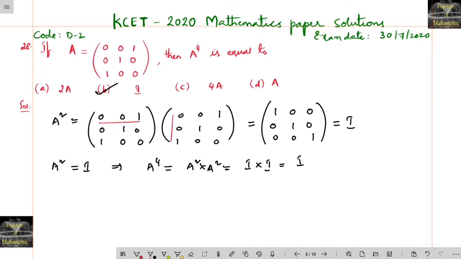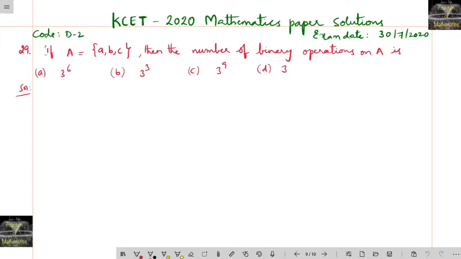We'll see the next question. 29th one. If A is equal to {a, b, c}, then the number of binary operations on A. So what are binary operations? Binary operations are nothing but your function, defined from S cross S to S. Suppose one set A is equal to {a, b, c}.